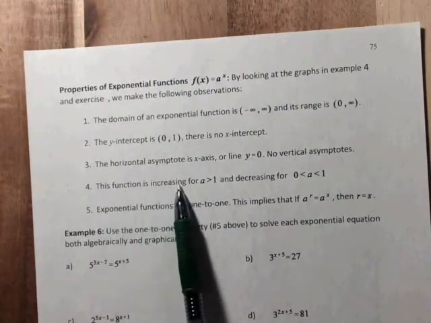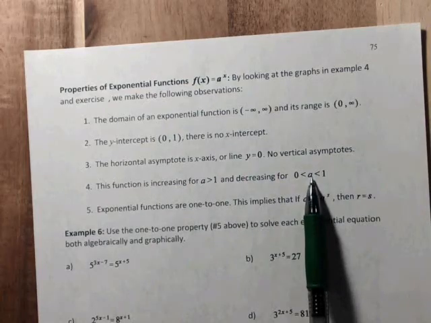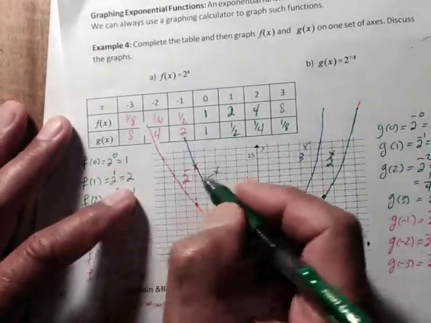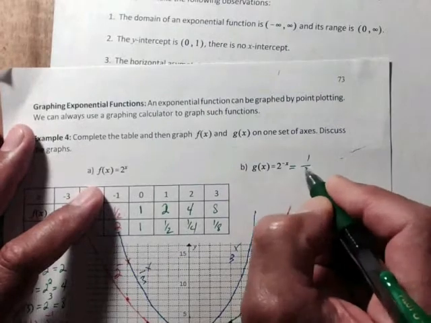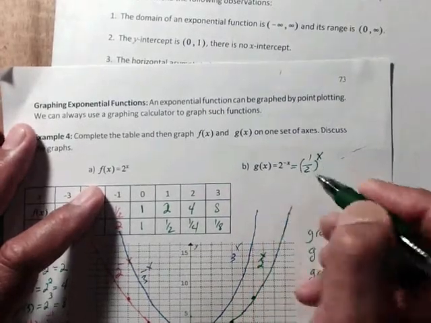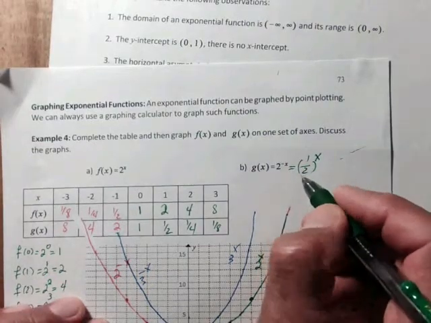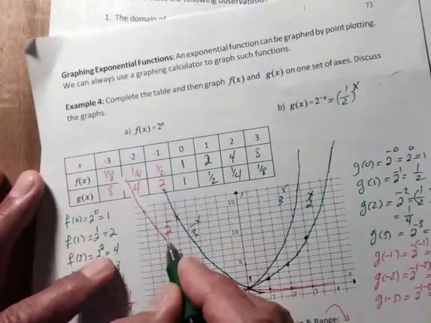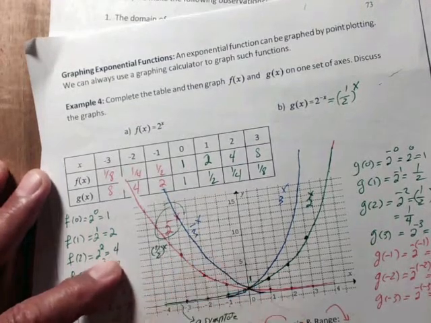The function is increasing for a bigger than 1 and decreasing for a less than 1. You see, actually here, 2 to the negative x is actually 1/2 to the power positive x. So this 1/2 is less than 1. This right here is 1/2 to the power x as well.